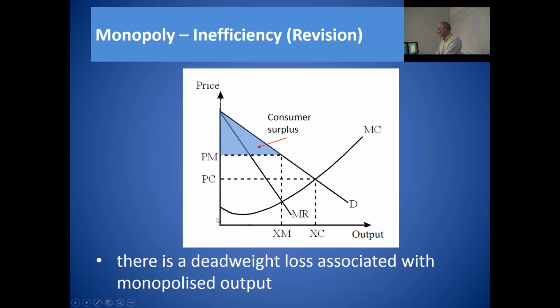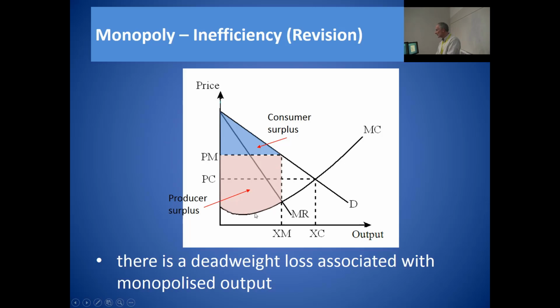So remember, the monopolist is only producing XM units of output. So consumer surplus on those XM units is that shaded area there. And in the same way, on these XM units of output, there is producer surplus. And that producer surplus is the area between the marginal cost curve and the price line.